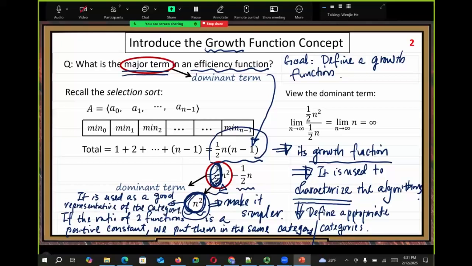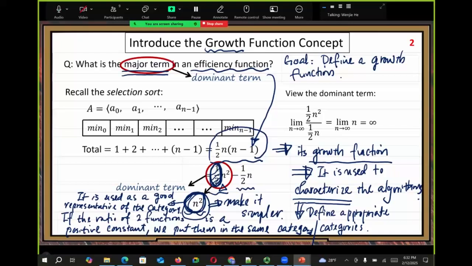So here now you understand why people use the growth function, right? To do the characterization, and we want to use a simple expression in this category as the representative of the functions in this category.